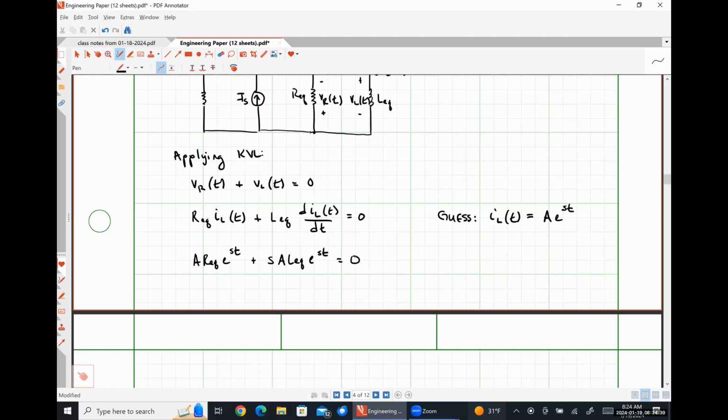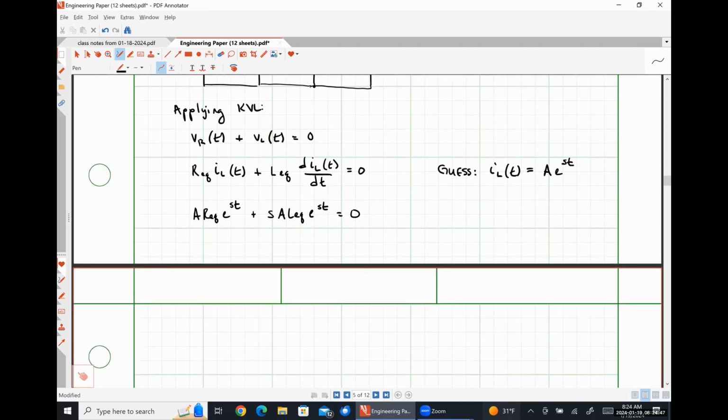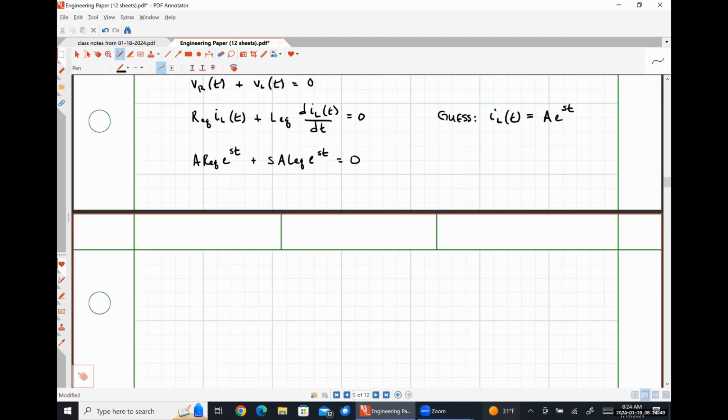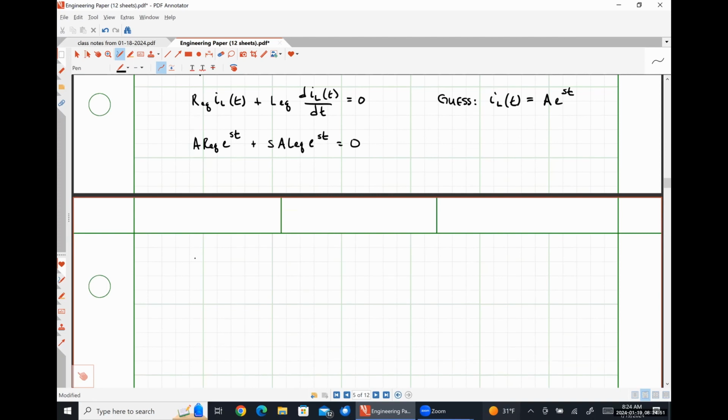And now I need to figure out what makes this 0, okay? So I am going to do a little bit of rearranging. So I'm going to pull the A outside here.